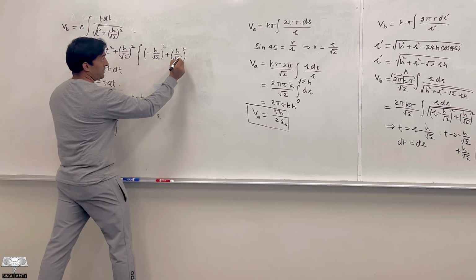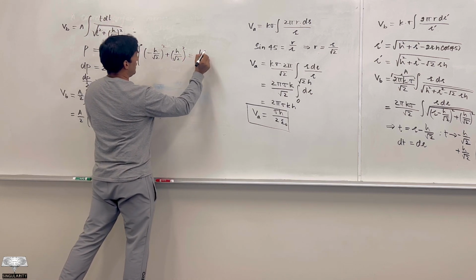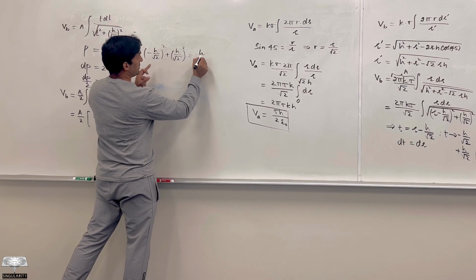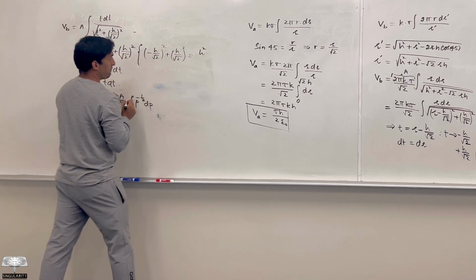This is our first limit. What it gives you, h square by 2 plus h square by 2 becomes h square.